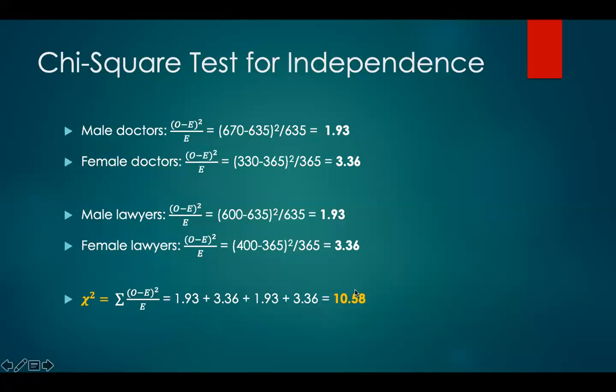When we sum up all these values, we get 10.58 as our chi-squared value.